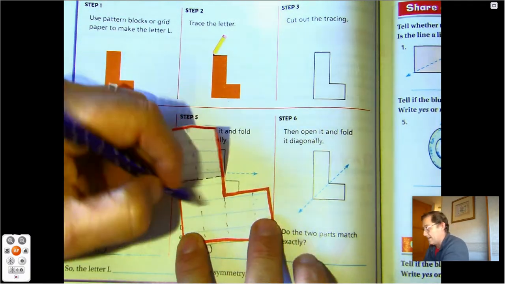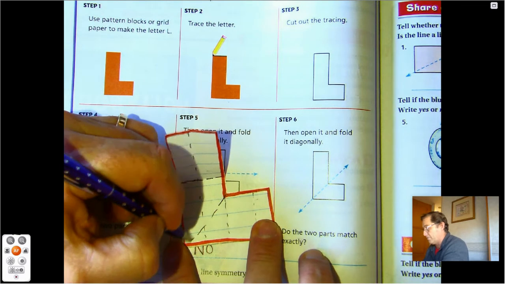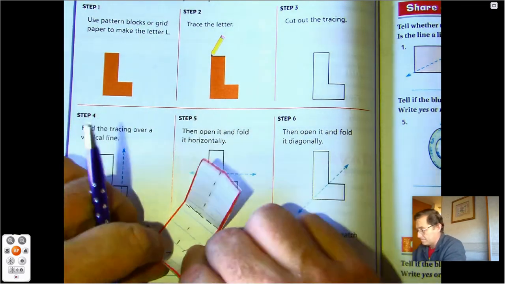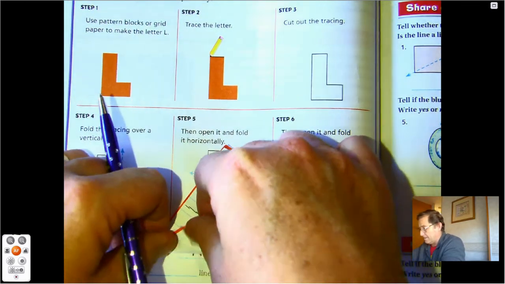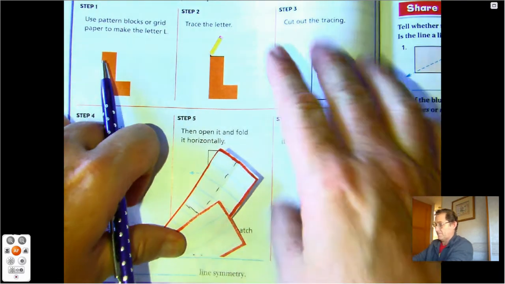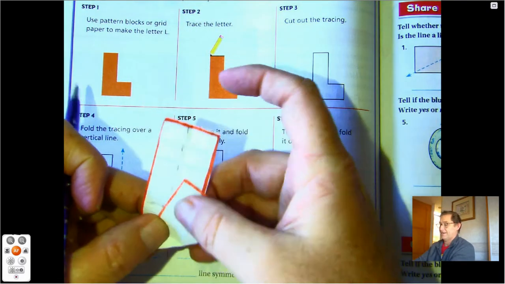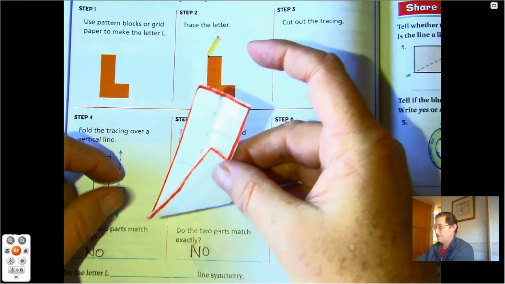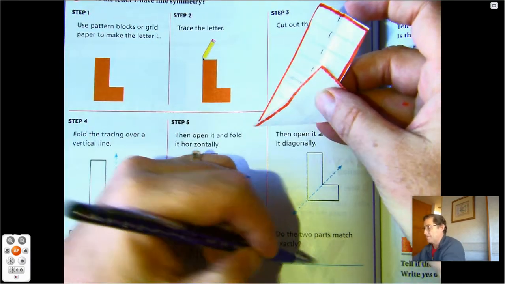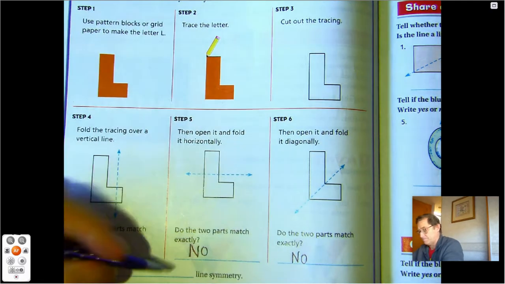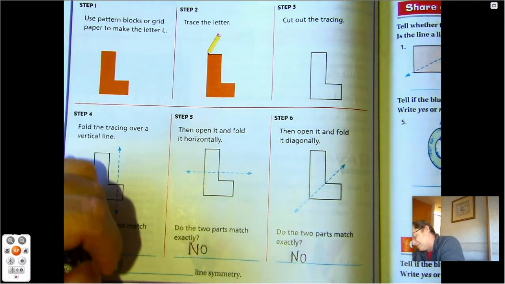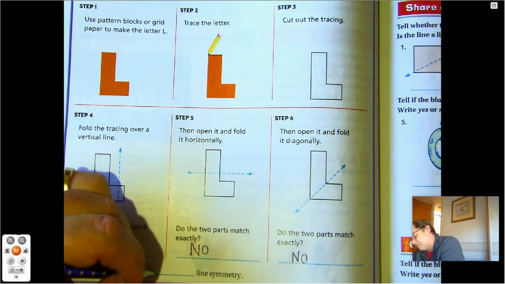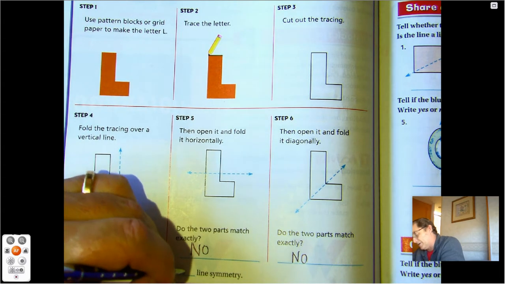They want us to go diagonally right through there. Well, let's fold it along that line. And again, it doesn't match. The fold doesn't match. So no. So the letter L does not have line symmetry.